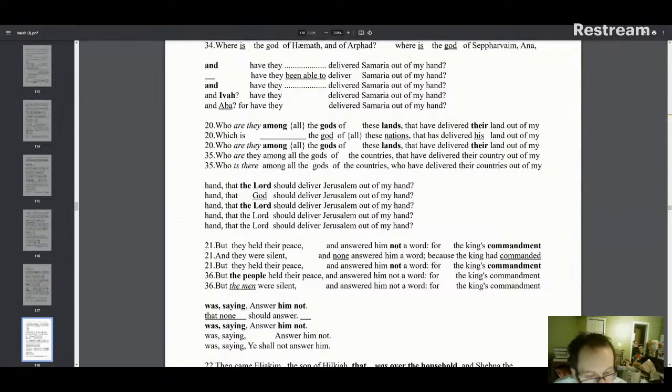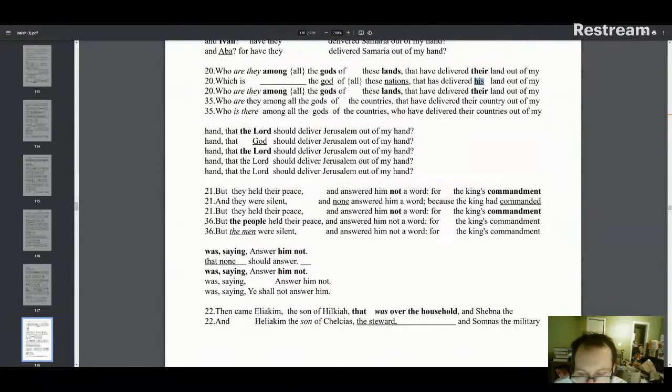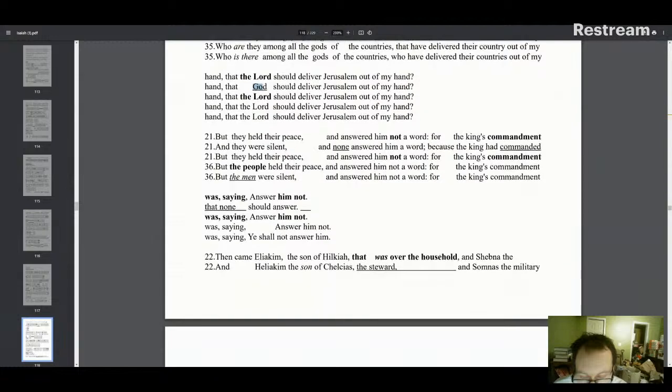Lands versus nations, very similar meaning. Their versus his. Very often we'll see Lord is changed with God in the Septuagint of Isaiah. Okay, so we have they held their peace, they were silent.